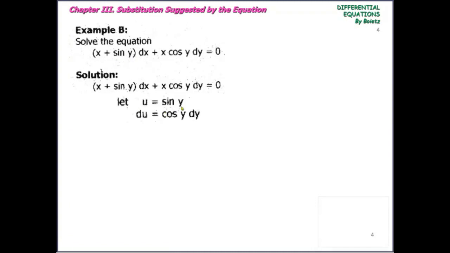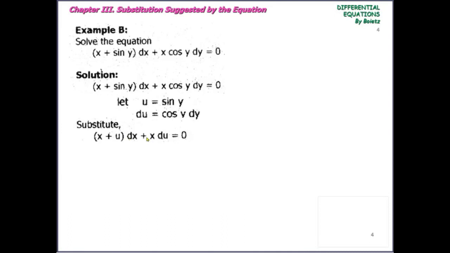Then let u equal sine y, then the derivative ng u is cosine of y. So, pag sinubstitute mo yun, x plus u dx plus x, this one is du. So ito na lang ang lalabas. So therefore, these equations become, pwede ba is it variable separable?